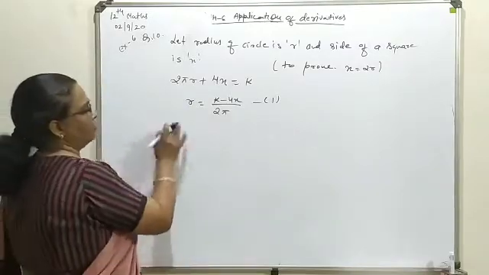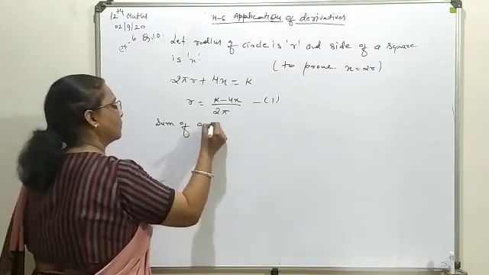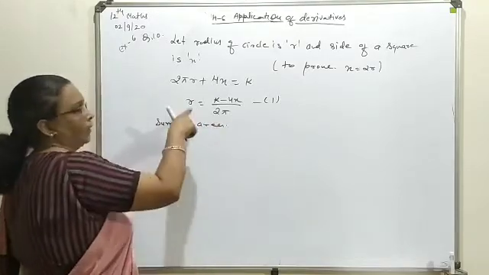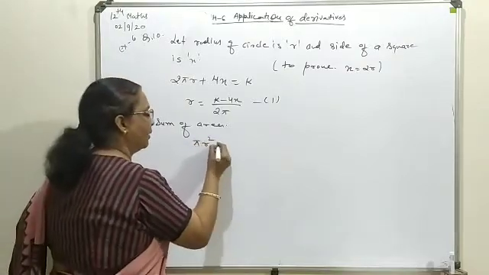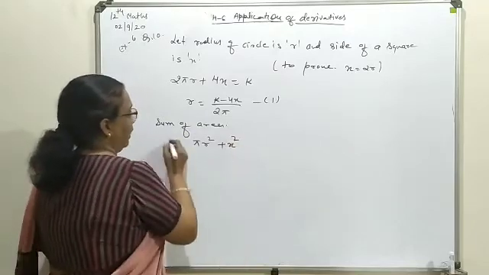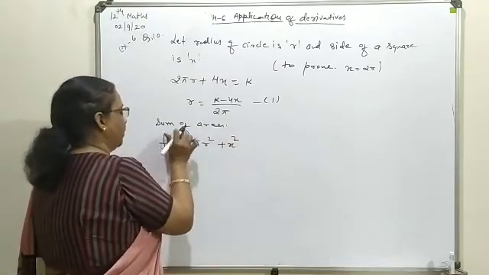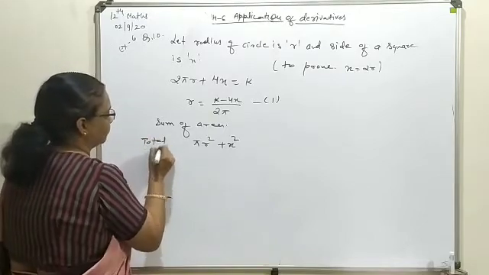So here first of all we write the sum of the areas, that means area of the circle, pi r square, plus area of the square, x square, and that is the function available to us, the total area.